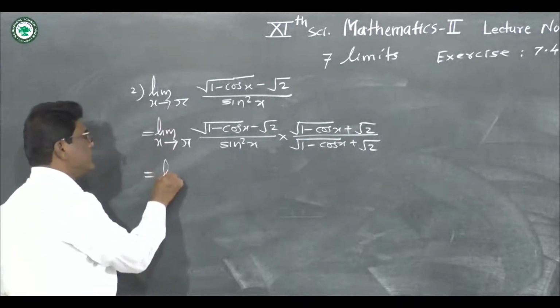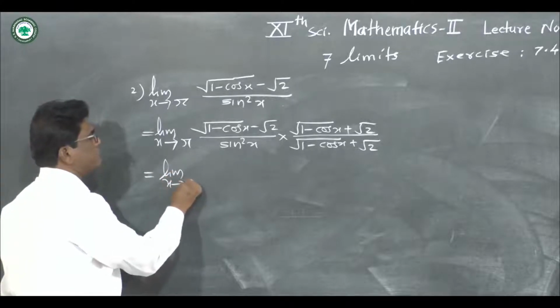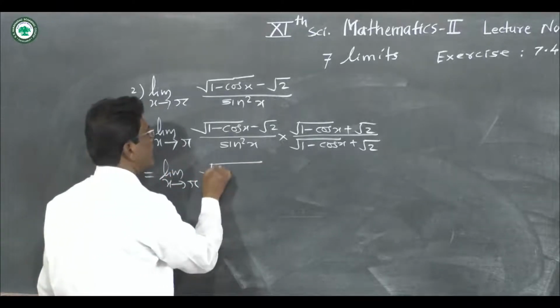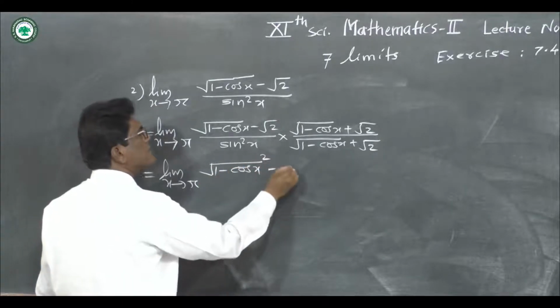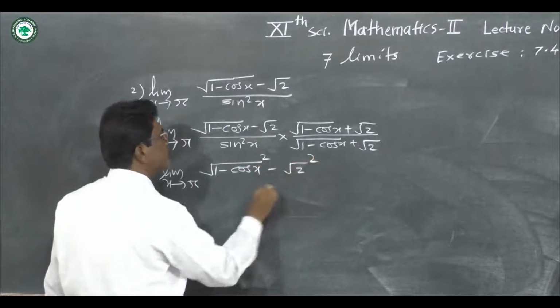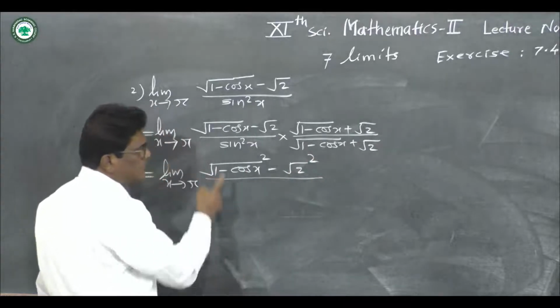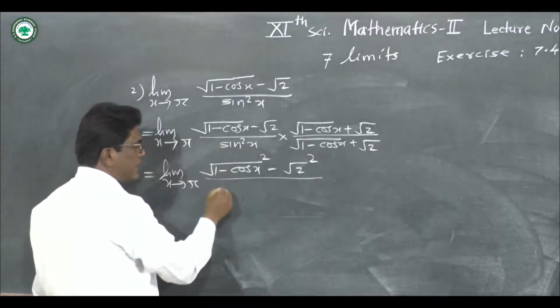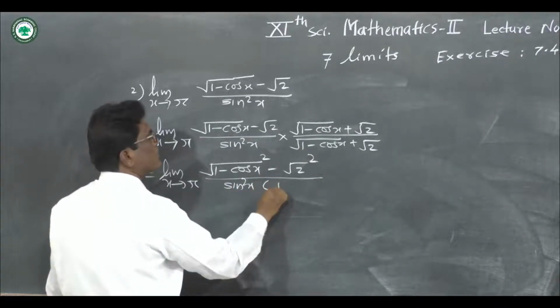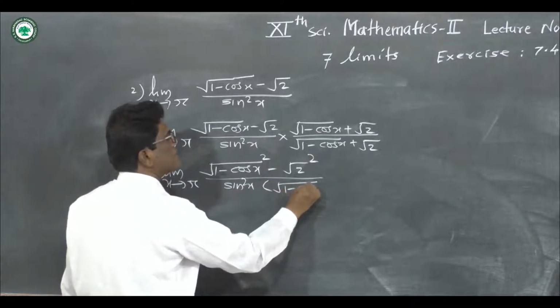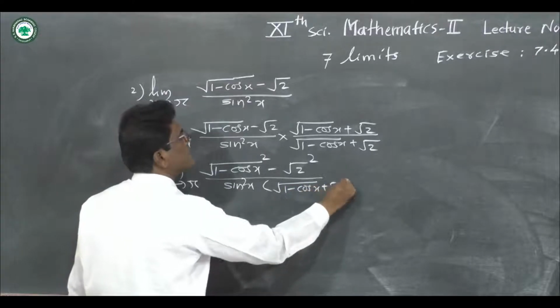So it is equal to limit as x tends to pi, root of 1 minus cos x, this is a, its square, minus b, b means root 2, its square, divided by sine square x as it is, into root of 1 minus cos x plus root 2 as it is.